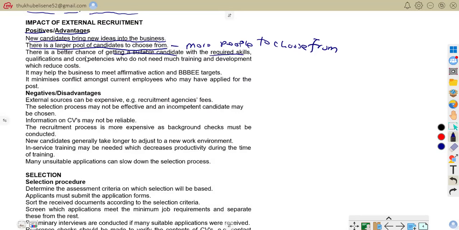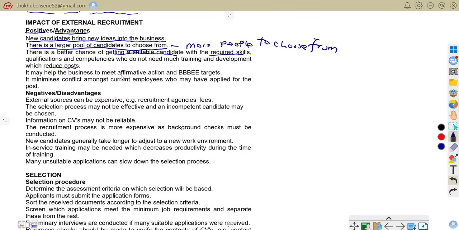So we're saying there is a better chance of getting suitable candidates with required skills, qualifications, competence, who do not need much training and development, which reduces what? Cost. Because these people come with experience, there is no need for intensive training. Already they are experienced, so that can reduce the cost of the business. The business is not going to incur more expenses on such employees.